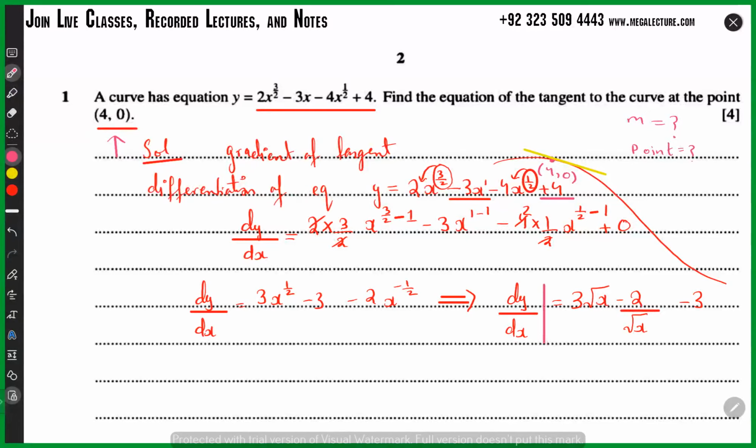Very good. Since I want the gradient at (4, 0), I need to plug in x equals 4 at this point, and that is going to give me 3 into 4 root 4 minus 2 divided by root 4 minus 3.